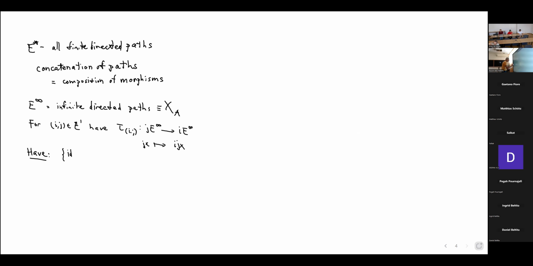So for the infinite paths, we have a well-defined range, but not source. They have no source. So amongst these, identities are of course idempotent.